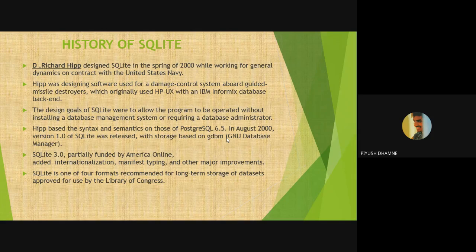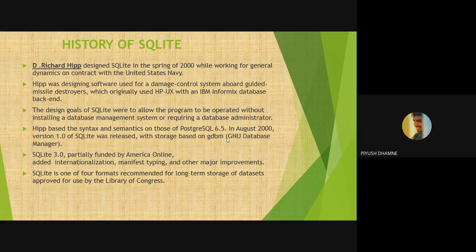management system or requiring a database administrator. He based the syntax and semantics on those of PostgreSQL 6.5. In August 2000, version 1 of SQLite was released, with storage based on GDBM, that is GNU Database Manager.